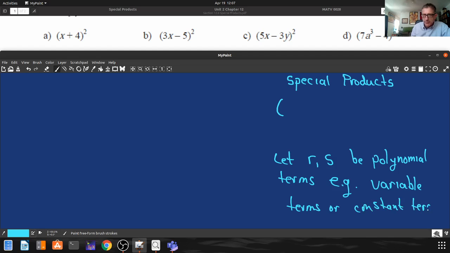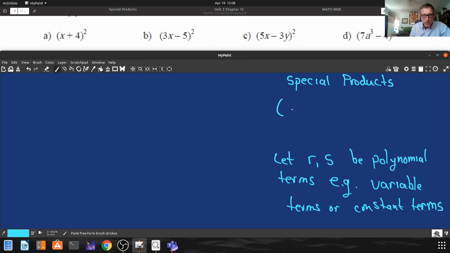Either one. So for you guys, we're going to stick to this. R and S are going to be polynomial terms, for example, variable terms or constant terms. I didn't write that very well. It's not my day today. I'm not able to write straight, and I don't know why. Maybe I'm sitting at a wrong angle.